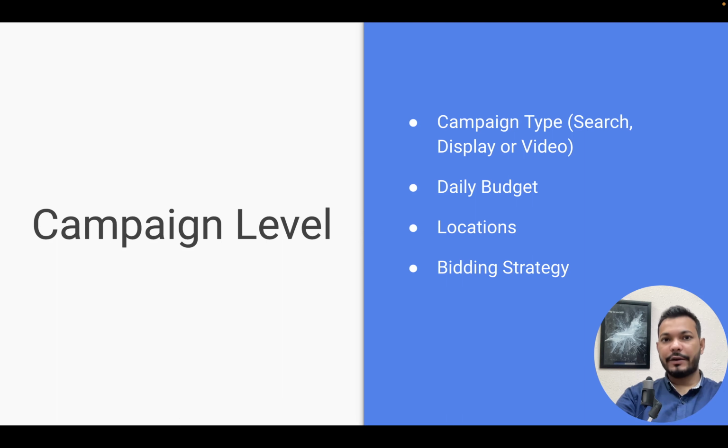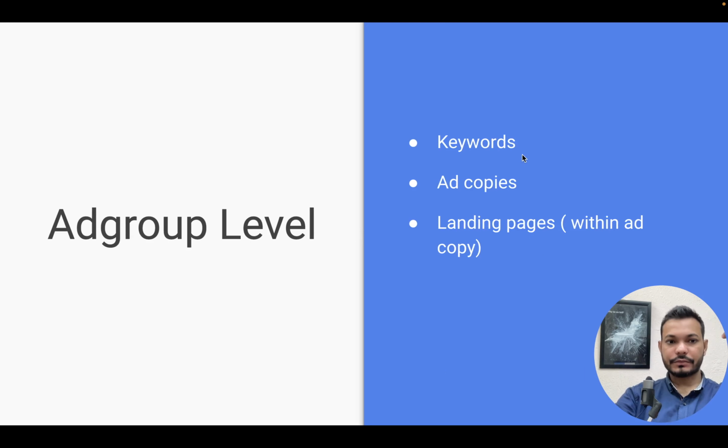So if you have multiple ad groups in the campaign, those ad groups fetch the amount from the same campaign. Then you set up the location at the campaign level and you assign a bid strategy, which could be CPM, maximize clicks, or target CPA, at the campaign level only. So all these things get assigned at the campaign level. Under the campaign, you have ad groups, within which you add the set of keywords, your ad copy, and landing page.